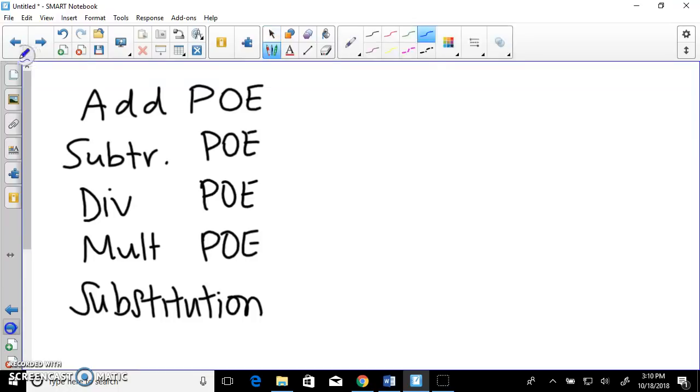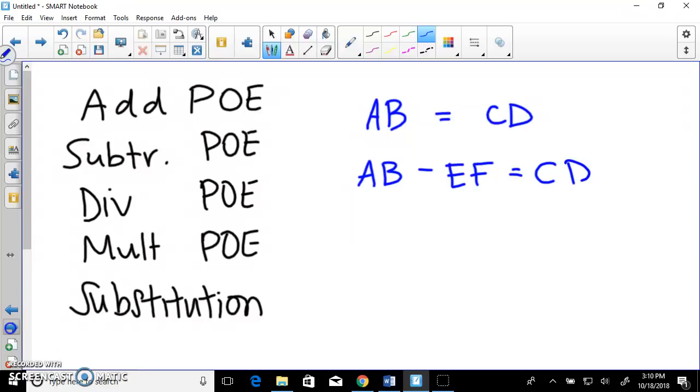All right, so these can all be applied to segments. So I'll give you an example. Let's say I have segment AB, or I have the length AB is equal to the length of CD. Okay, watch what I do in this next step. Now I say AB minus EF is equal to CD minus EF. So I'm talking about the lengths of segments.